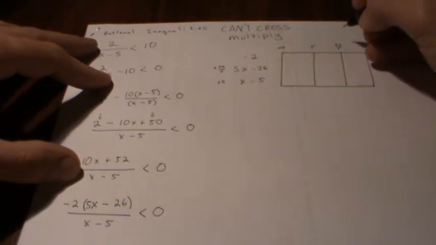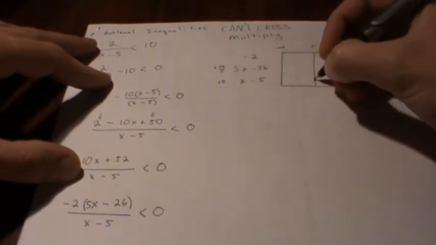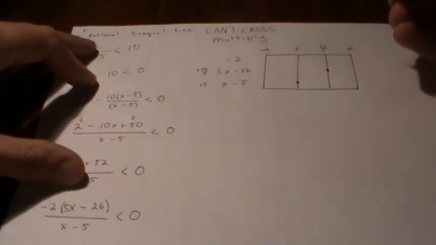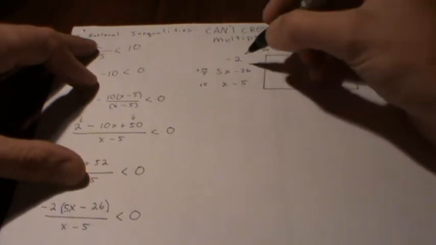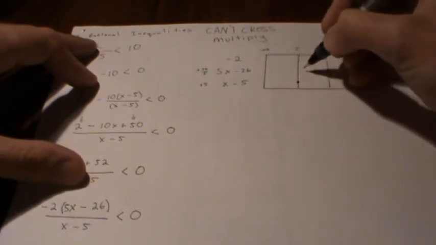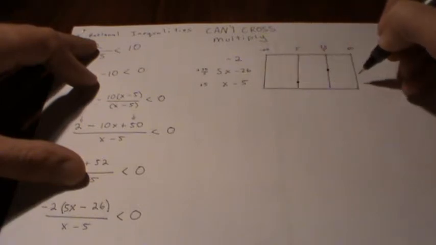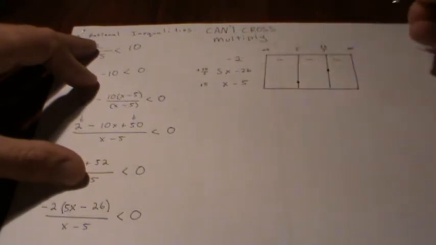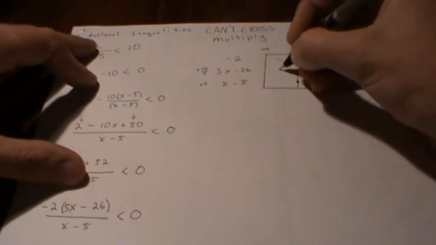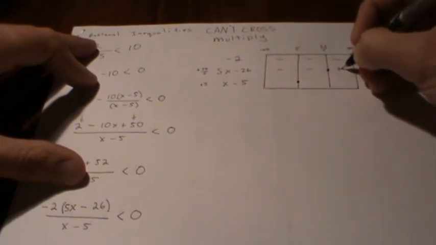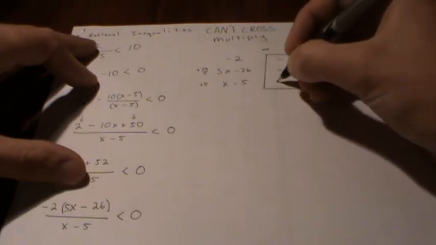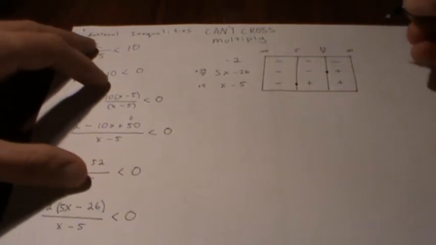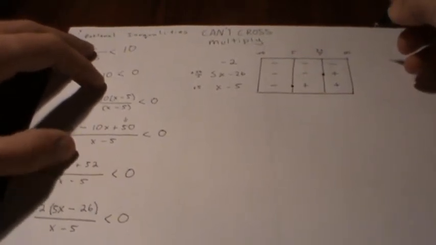Now, like we did before, we put dots next to the corresponding zeros. And now we write down when each of these factors is negative and when it is positive. Negative 2 will always be negative. This one will be negative here and then becomes positive there. This one will be negative here, and becomes positive here and here. So I've filled out my chart.